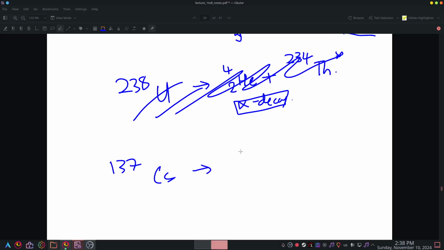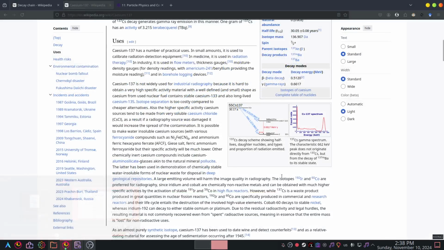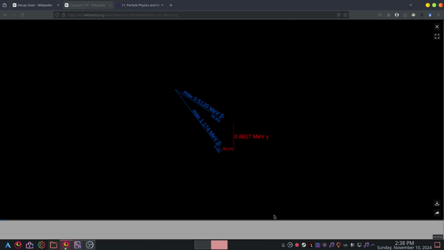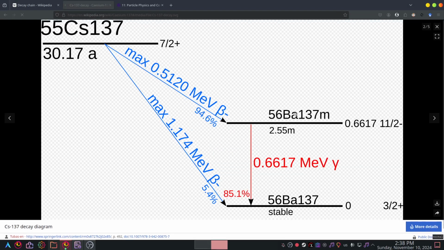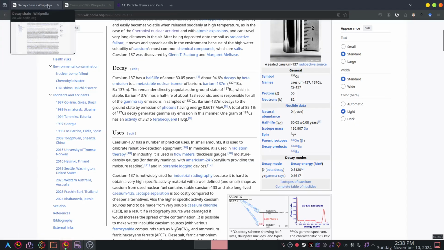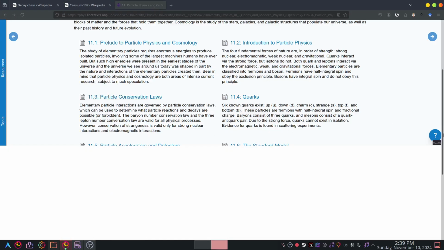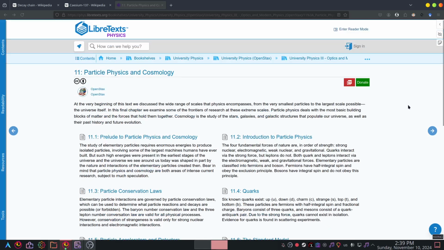Cesium-137 can decay by what we call beta decay. If you take a look here, cesium-137 can decay into barium-137. This is Wikipedia. I prefer not to use Wikipedia, but that was what happened.